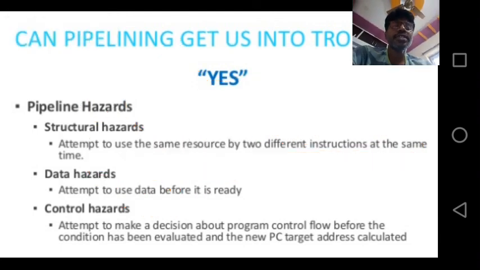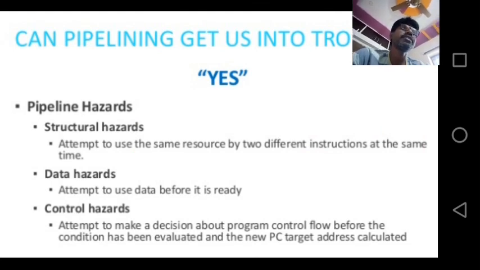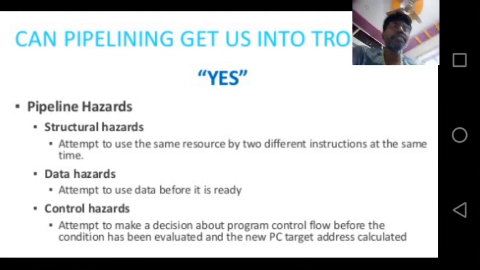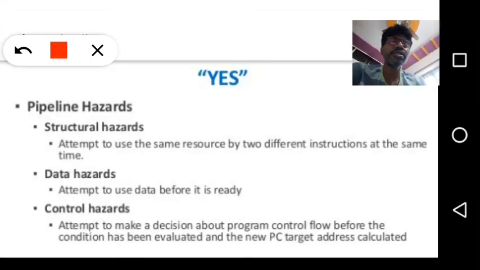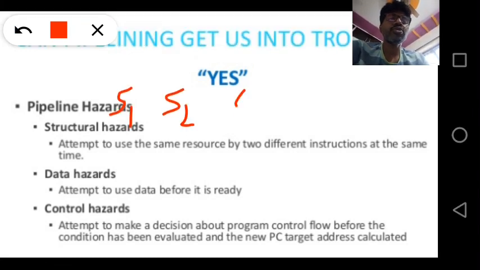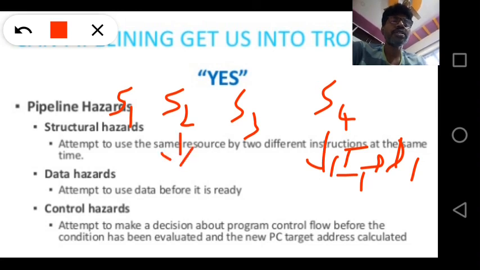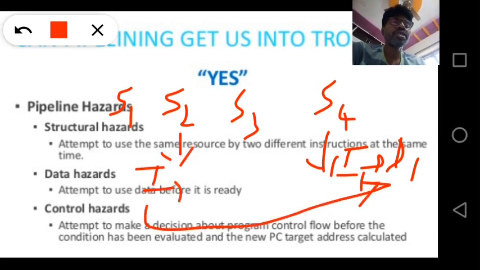Next, data hazards: attempts to use data before it is ready. This is one kind of bigger issue. Let me explain this, it is very important to understand. Stage 1, stage 2, stage 3, stage 4. At stage 4, instruction 1 updates data D1, but at stage 2, I3 wants to use the same data.